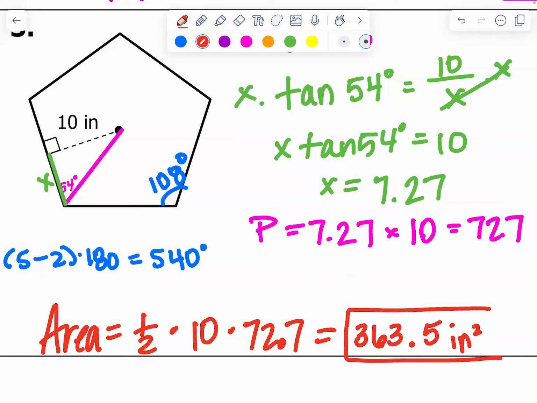Is it 72.7? Yeah. I got 363.5. Okay, well, that's right.